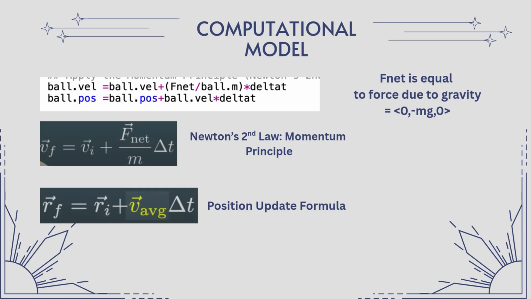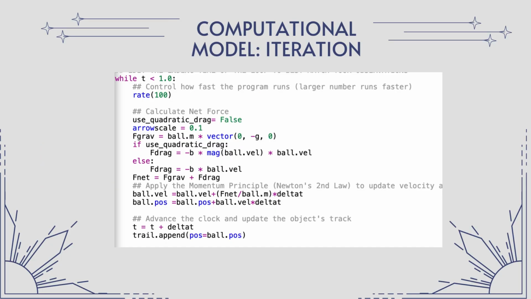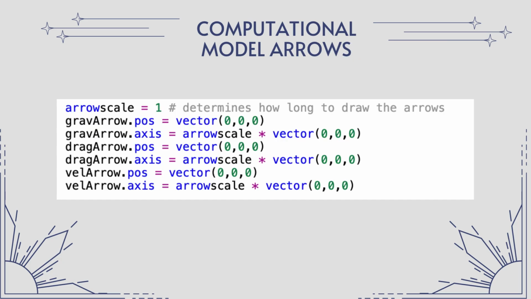And then also Fnet is equal to force due to gravity, shown to the right. And then this is how we did the iteration part of the computational model. And then here is the computational model arrows.